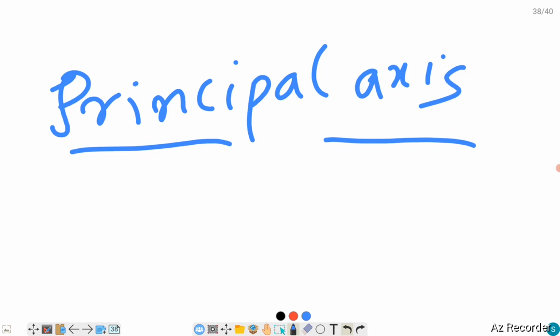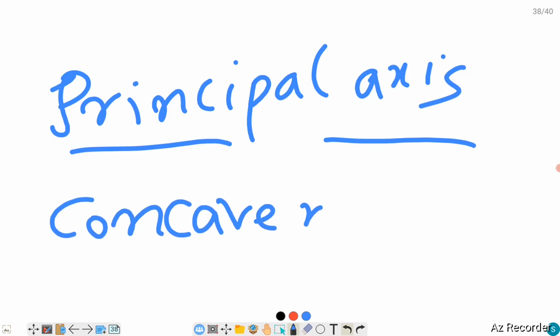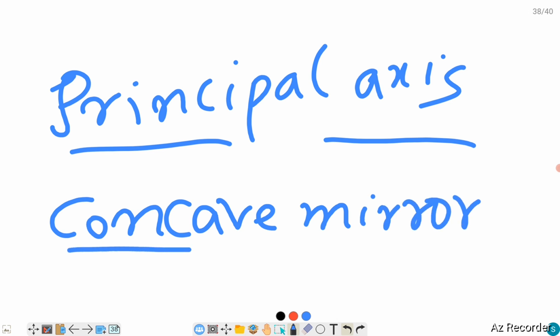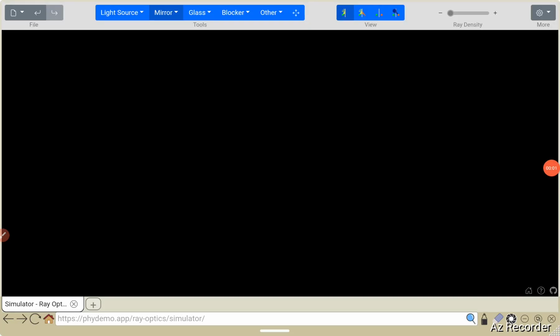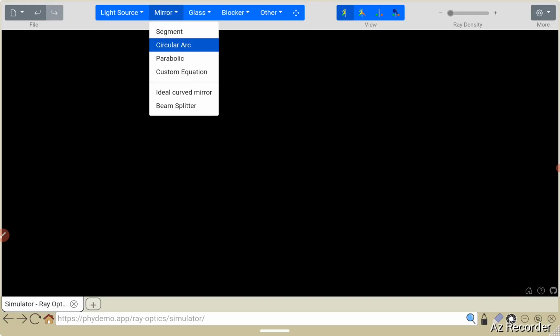Now, the concave mirror definition we have learnt. But there is one more name for the concave mirror. Why that name comes, we will see in the simulator and understand. Now the plane mirror we have seen has a flat reflecting surface.